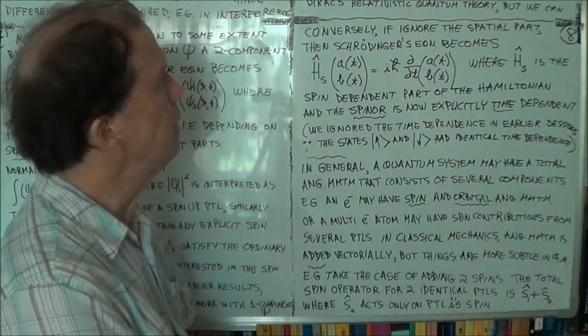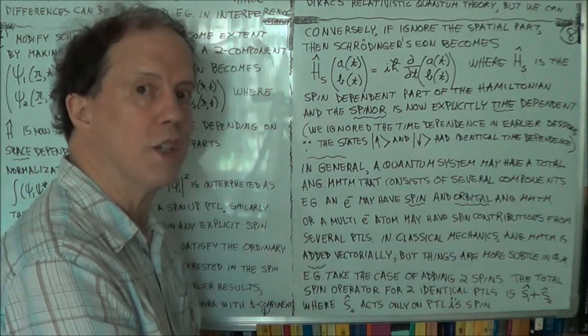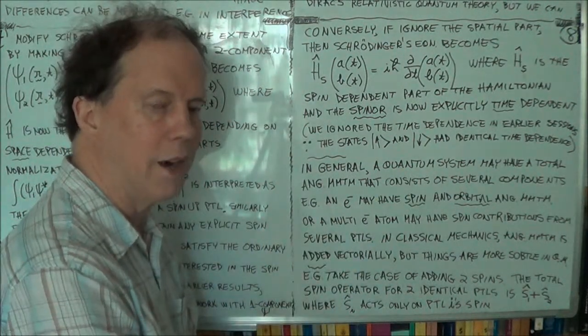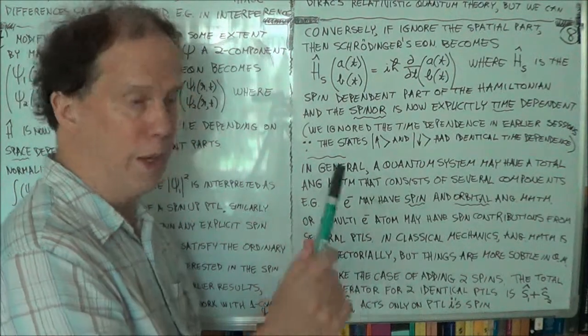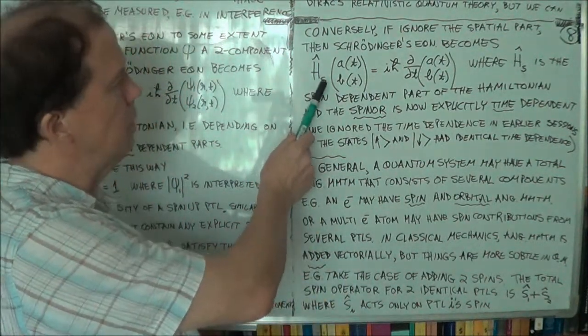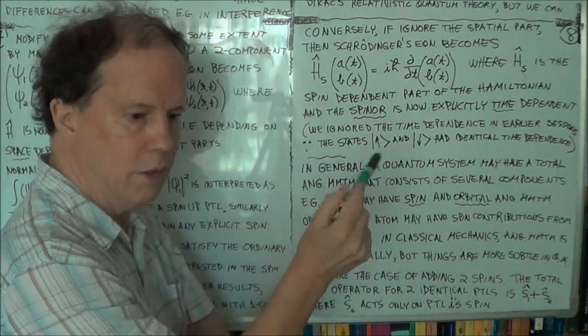But say now the Hamiltonian does not depend on the position. So we're not talking about R, we're just talking about S, the spin, that's all. Only spin. So I've put an S here. So the Hamiltonian now is limited to only spin.